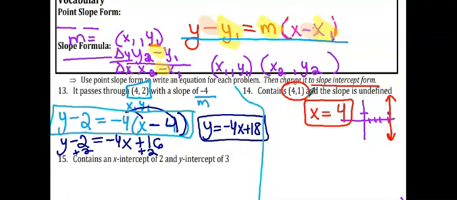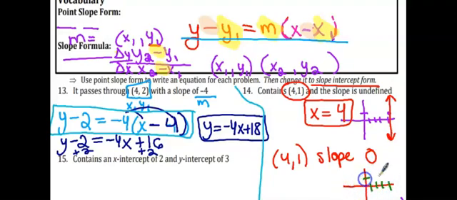Okay, what if it was 4, 1, and my slope was 0? How would I write that? Well, let's regraph it. The point is over 4 and up 1, and I graph it across. So how would I write that? Well, it'd be y minus 1 equals 0 times x minus 4.